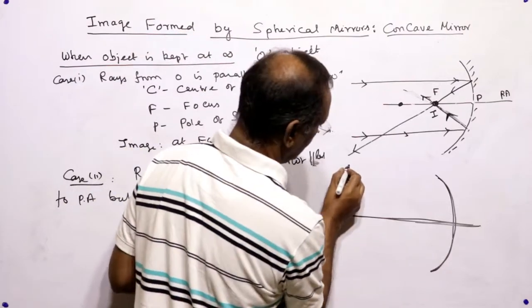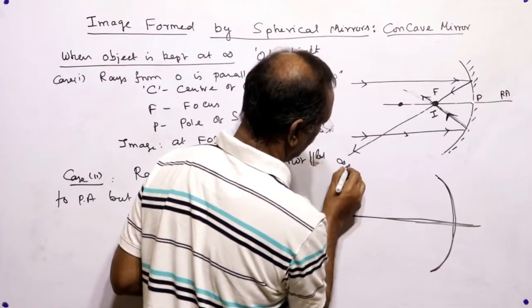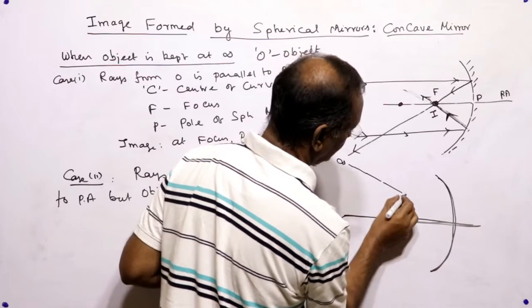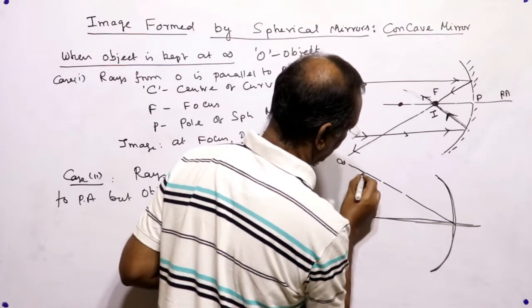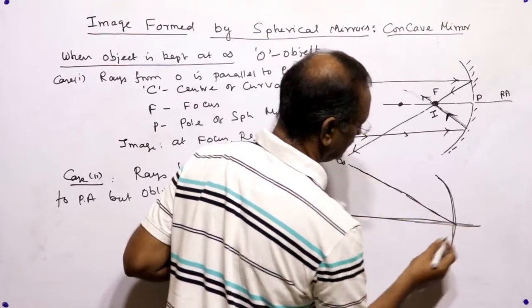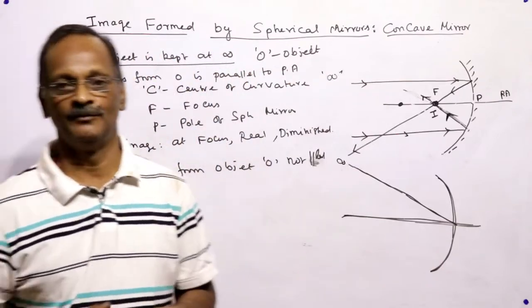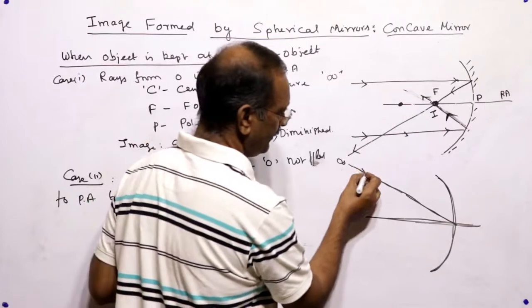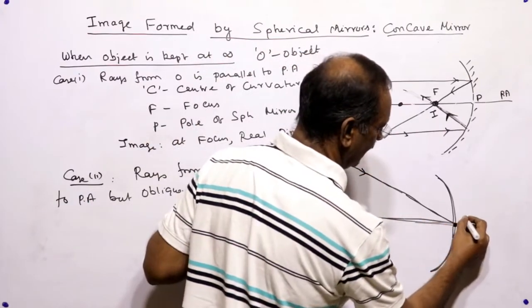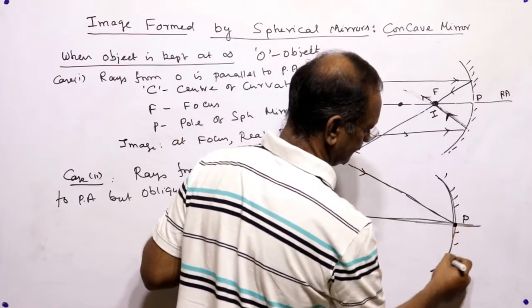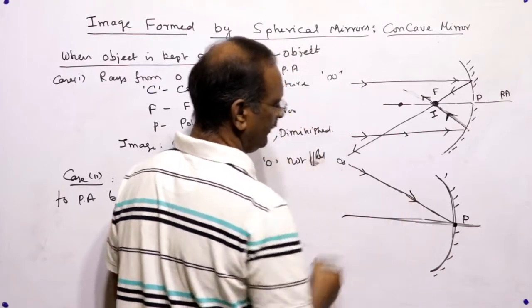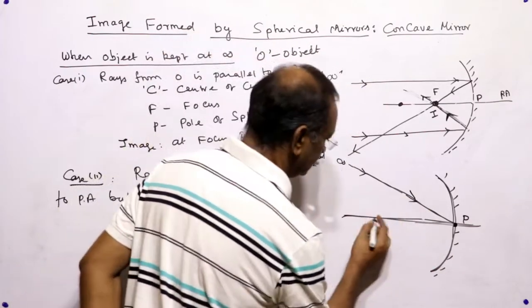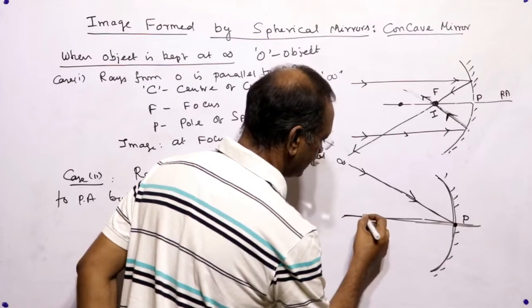So we'll take one ray from infinity, one ray coming and falling at the pole. This may not be a straight line because I'm not actually drawing to scale. This is the concave mirror. This is the center of curvature.